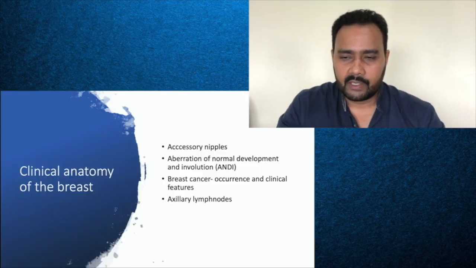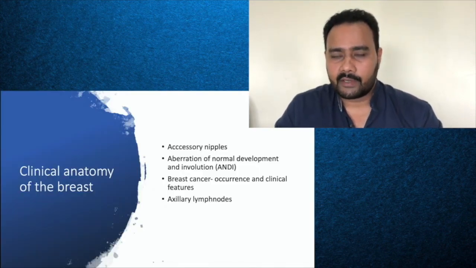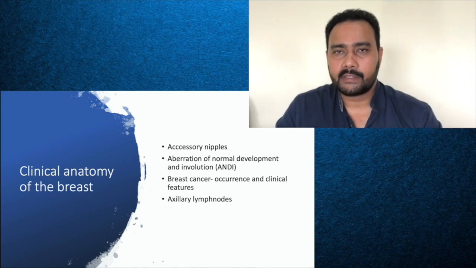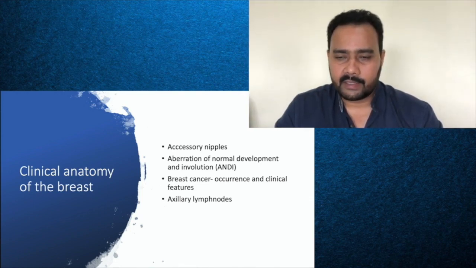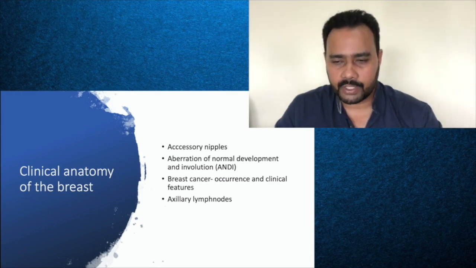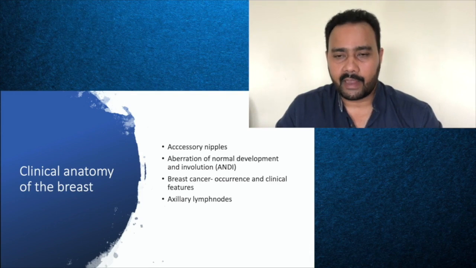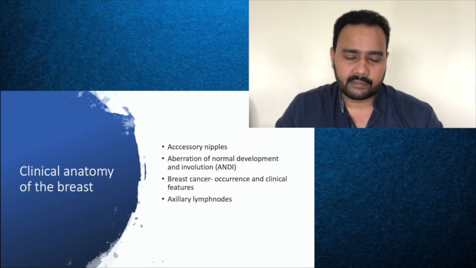When it comes to the clinical anatomy of the breast, there are certain things that you need to understand. There are conditions called accessory nipples, and then there are conditions called aberration of normal development and involution, which we call ANDI. I will discuss that.